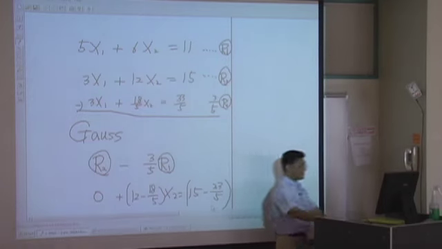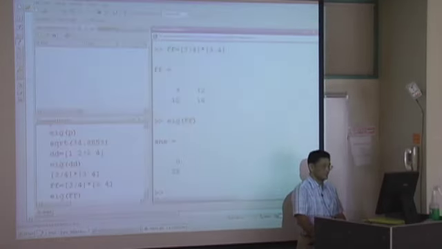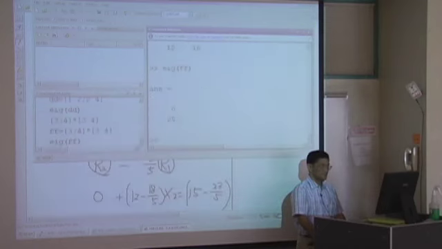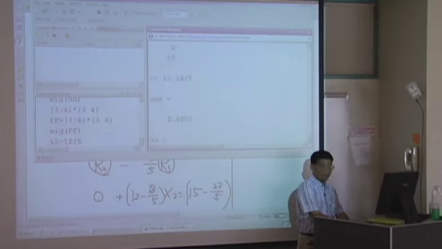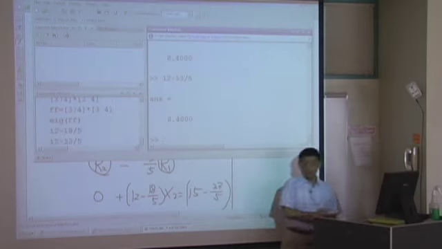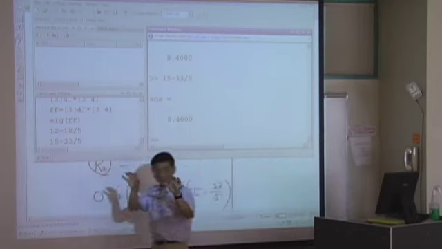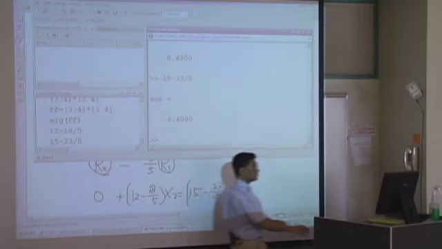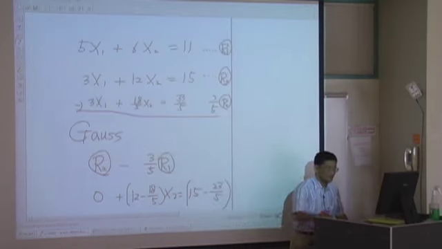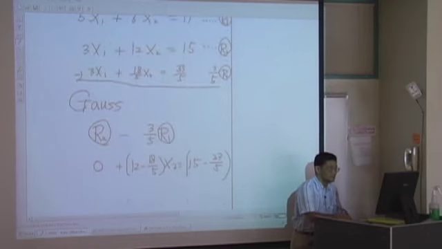Then let's do the calculation. 12 minus 18/5 is 8.4, right? 15 minus 33/5 is 8.4. So what is x2? x2 equals 1.